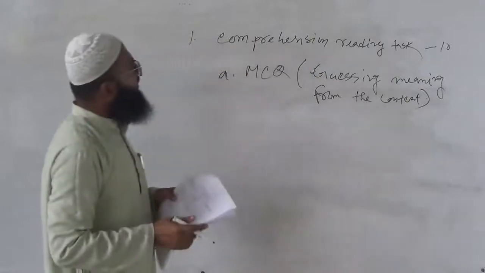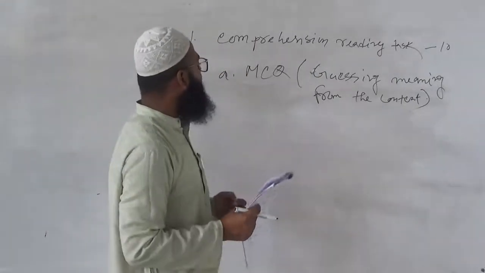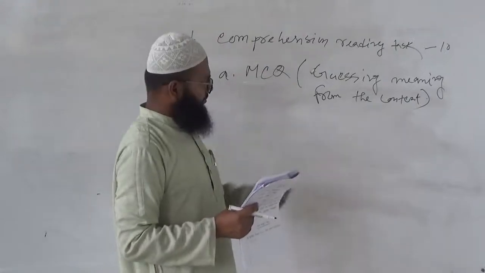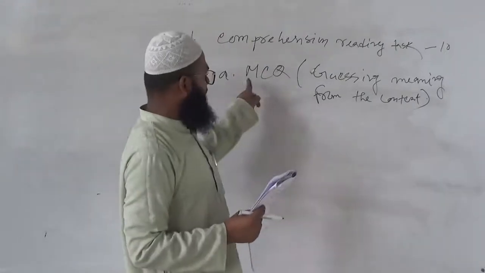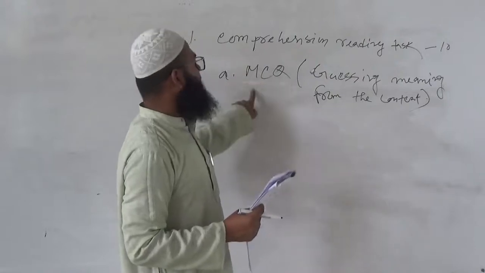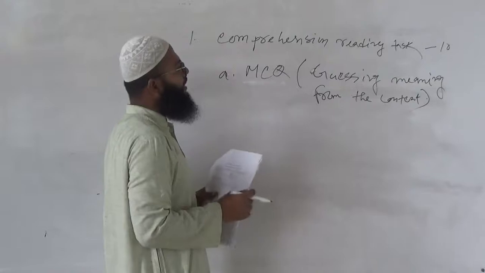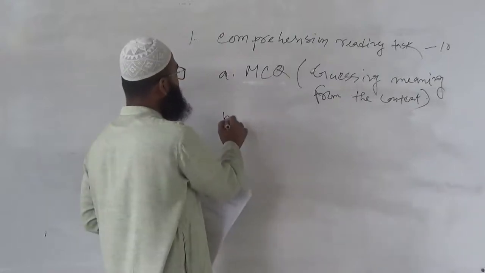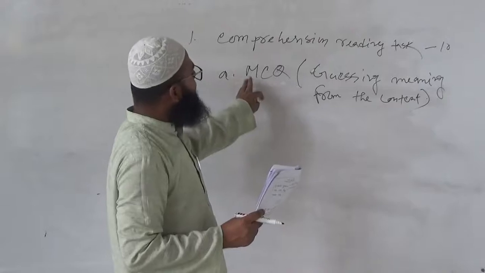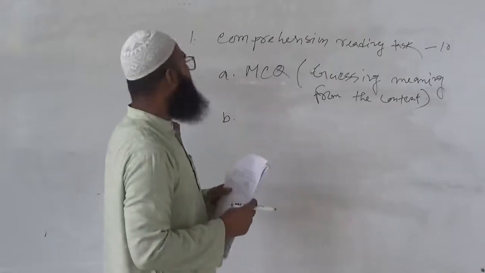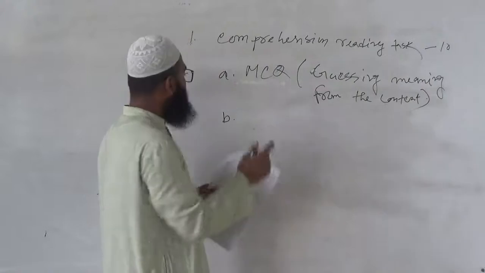That means in your MCQ question, you will get 4 other words, and one similar to the main word has to be selected. That is getting meaning from the context. To give the answer, we have to know the meaning or synonym of the word, which will be helpful for answering the MCQ.